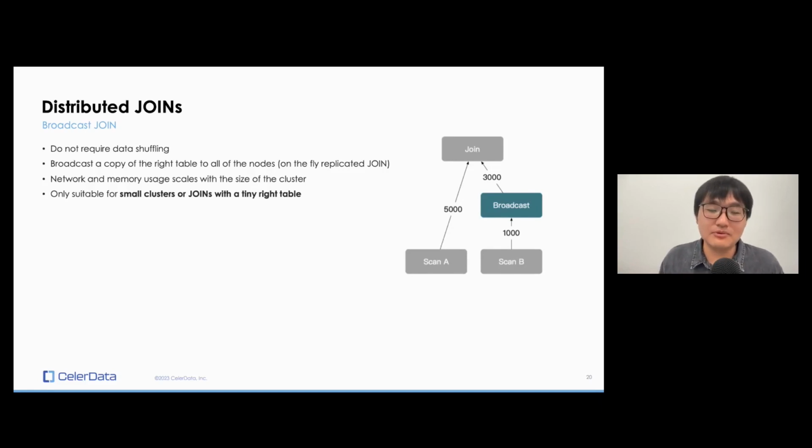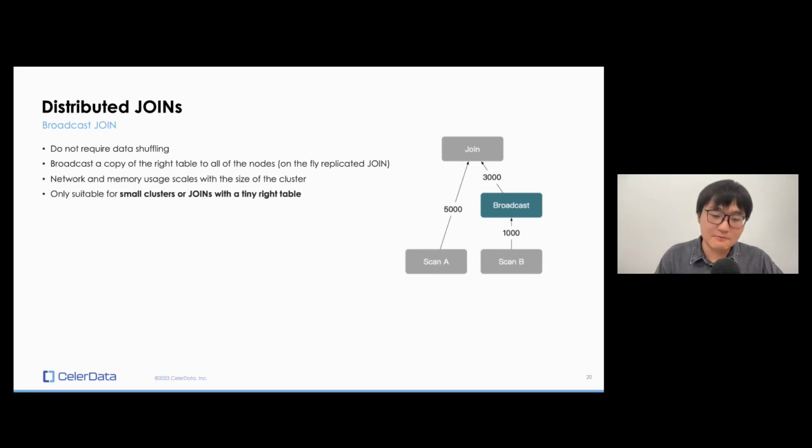But the problem with this kind of operation is that the network and memory usage does not only scale with your data size, it also scales with the size of your cluster. So the bigger your cluster, the more network it's going to use. And the bigger the data size, the more network it's going to use. So it's really not that scalable, and it's very useful for smaller clusters or joins with a very tiny right table, right?